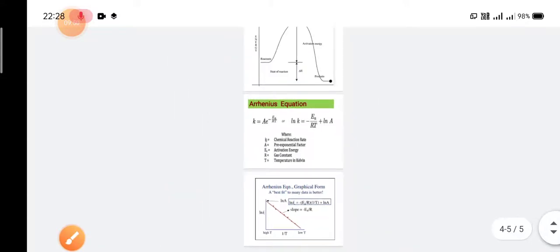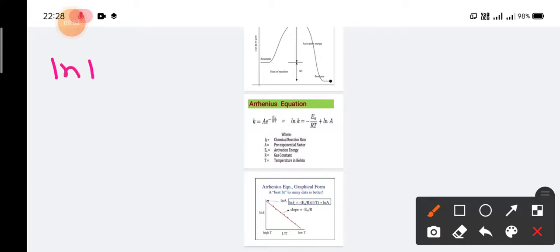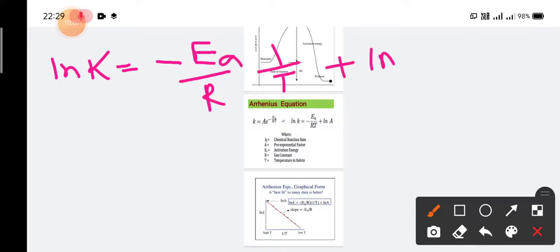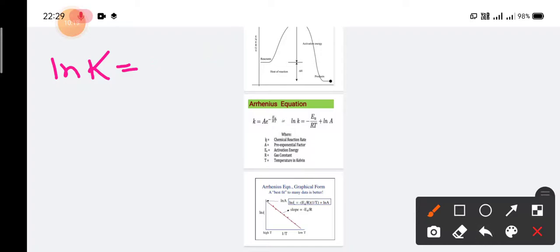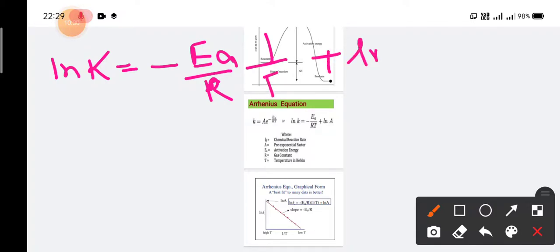Just as we know, we get an equation by taking ln or log on both sides, and then we will get a formula like this one: minus Ea by R into 1 by T plus ln A. This is the logarithm form, but we can also write it in another way: minus Ea by R into 1 by T plus ln A.